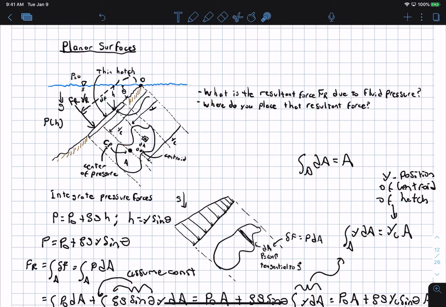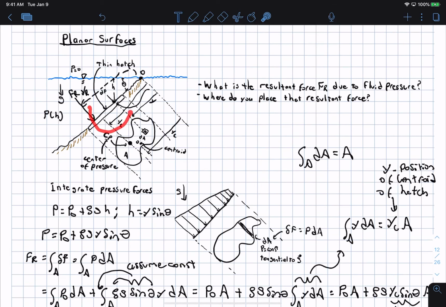The reason is that the pressure is higher on the bottom of the gate than on the top of the gate, which basically means that there's a net counterclockwise moment produced by the pressure about the centroid of the gate. And so to produce a counterclockwise motion, the resultant force has to be below the centroid. So basically the center of pressure is always lower than the centroid for that reason.